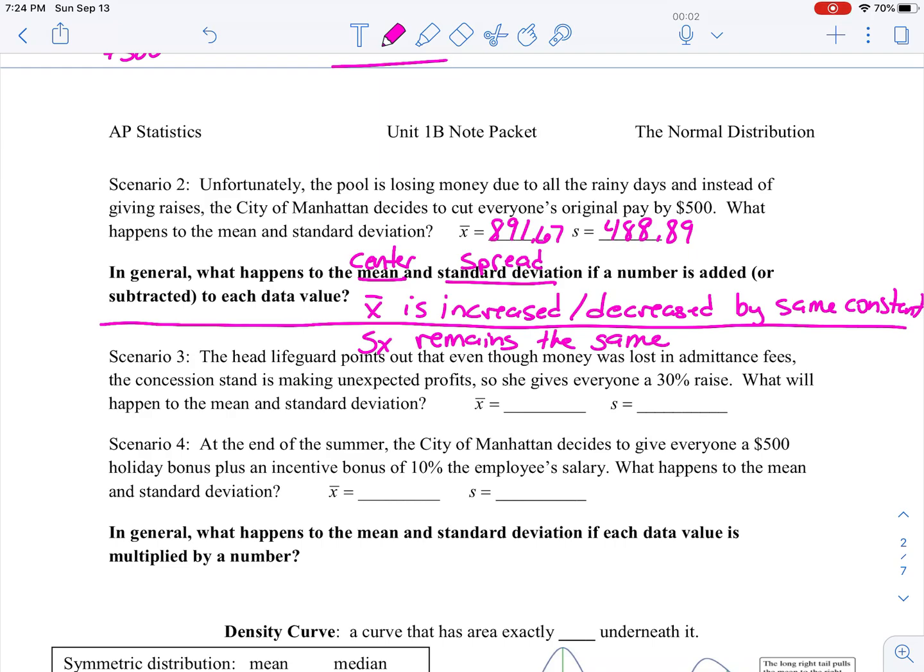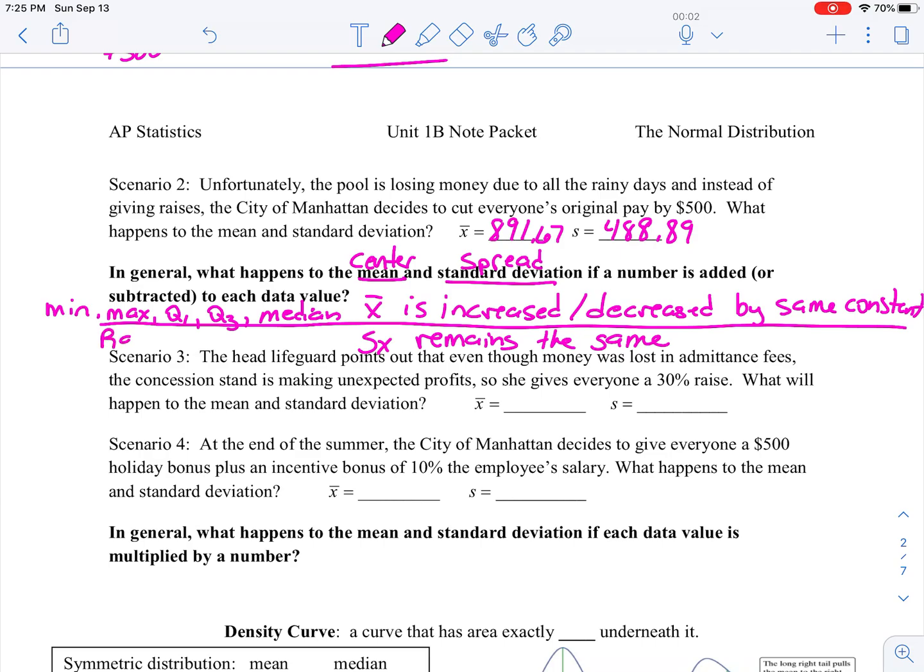Now, if I gave everything a $500 raise, or a decrease, my min, my max, my quartile 1, my quartile 3, my median, they are all going to increase by that $500. Measures of spread are going to stay the same.